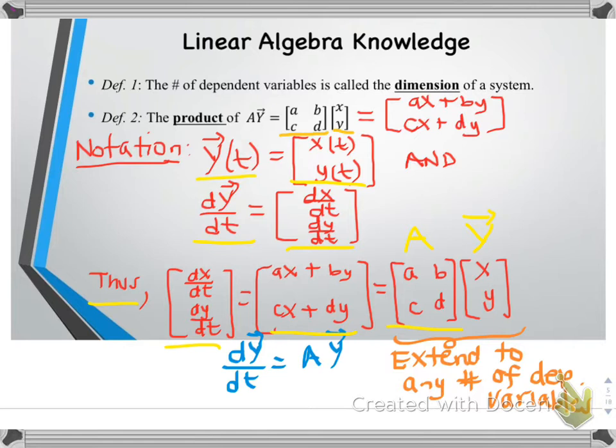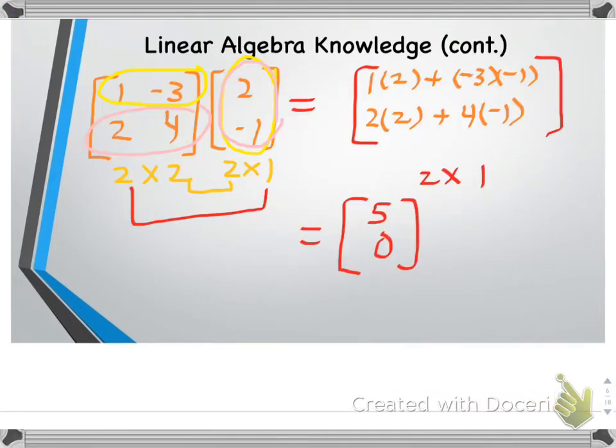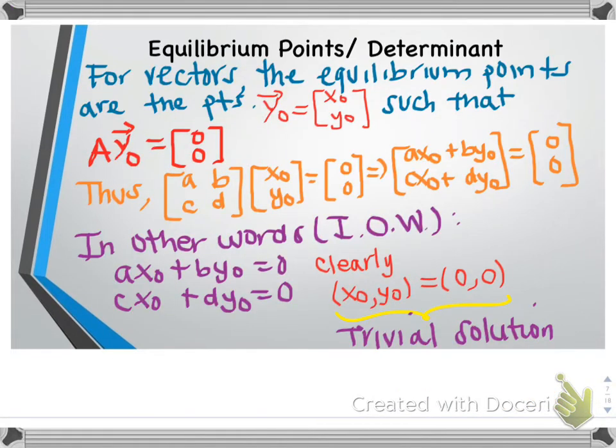This can extend to any number of dependent variables. For the most part, we're just going to focus on 2 by 2 matrices, but this extends to any number of dependent variables.